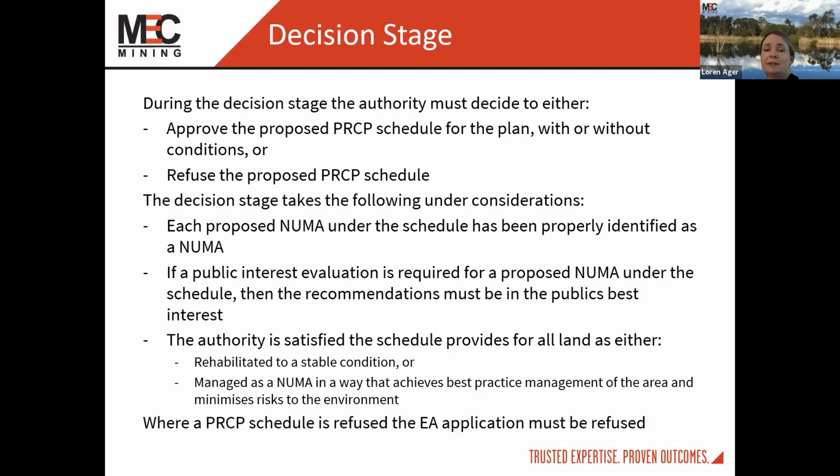The authority is satisfied if the schedule provides for all land that is either in a rehabilitated stable condition, and when we're talking about stable condition, it means that it's able to be returned to its final land use without any ongoing issues, or requirement for further maintenance, or that a NUMA is managed in a way that achieves best practice for that area.